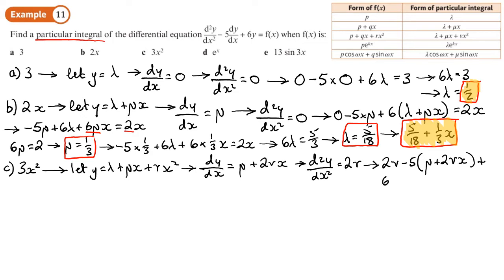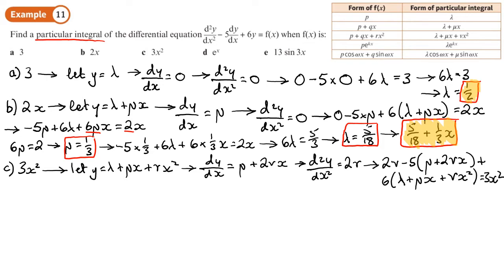So it's going to be 6 times lambda plus mu x plus nu x squared. And that's going to equal 3x squared.